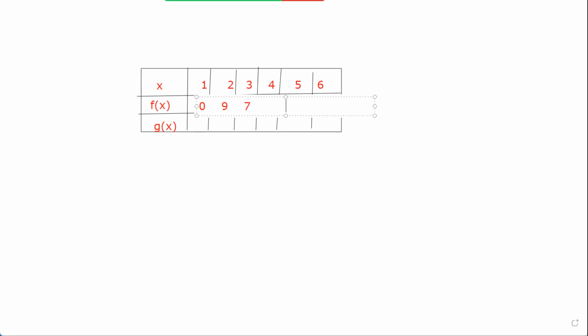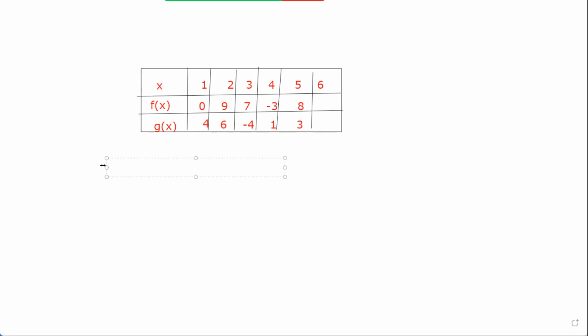Skipped 1. And then the g's are 4, 6, 4, 6, -4, 1, and 3. Okay.